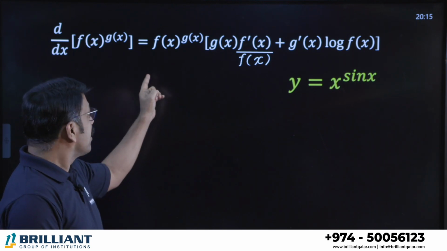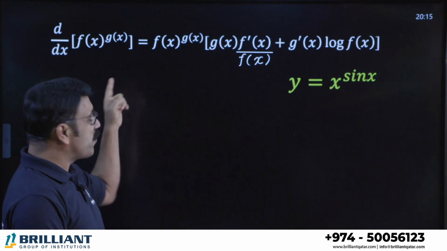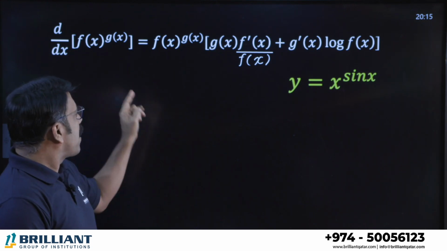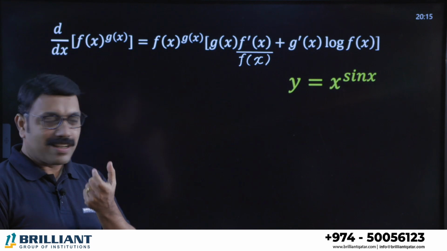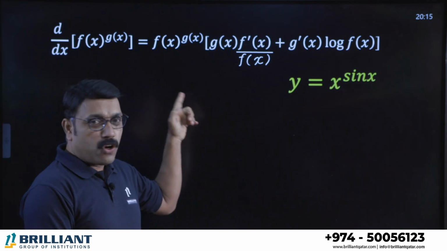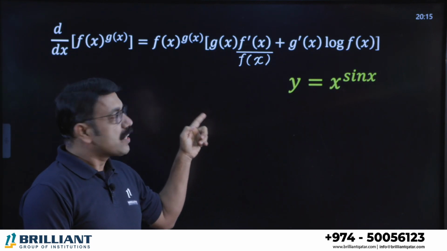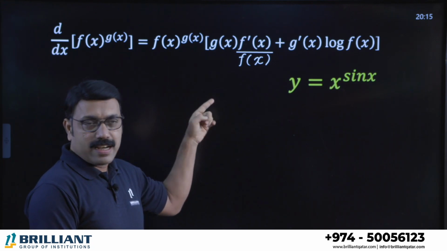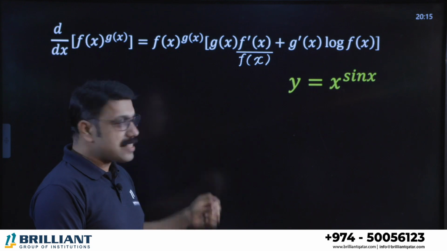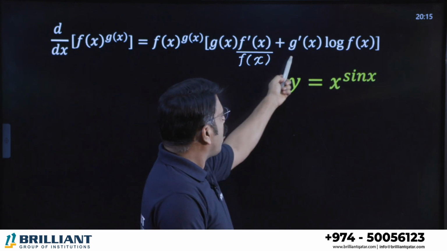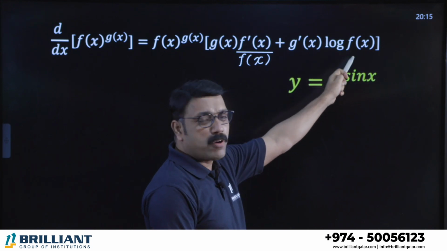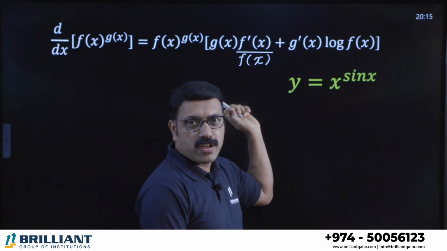But you should learn: the derivative of f of x raised to g of x is equal to f of x power g of x, that's the same function, into g of x, that is the second function, into f dash x, means derivative of the first function, divided by f of x, plus g dash of x, derivative of the second function, into log of f of x.